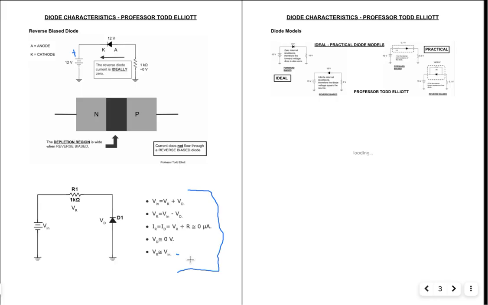Practically speaking, if this is 12 and this is 0.7, and it probably won't be exactly 0.7 if you measure it, it could be 0.68, 0.72. Remember that 0.7, there's nothing magical about it. That's just a nominal, typical, average value when it's turned on.